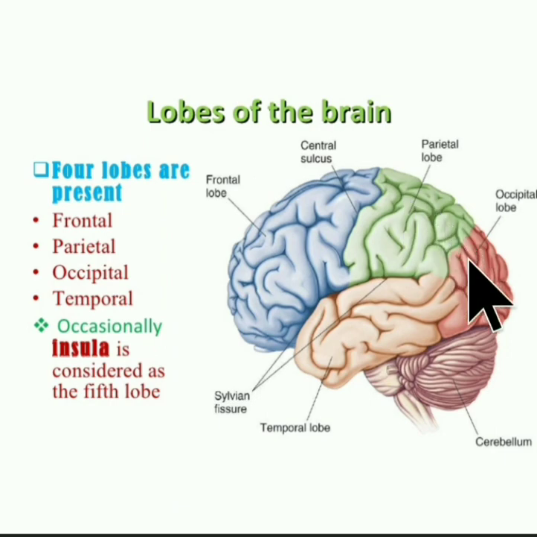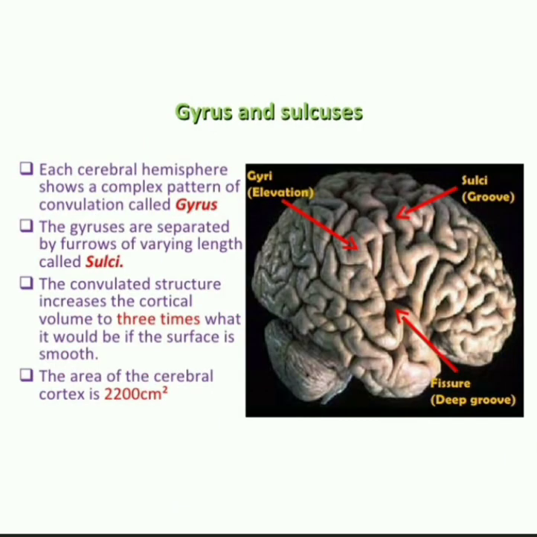These four lobes occupy the cranial cavity in the regions of these bones. Occasionally there is another lobe present, called the insula, which is considered the fifth lobe. Now we are going to look at the sulci and gyri.